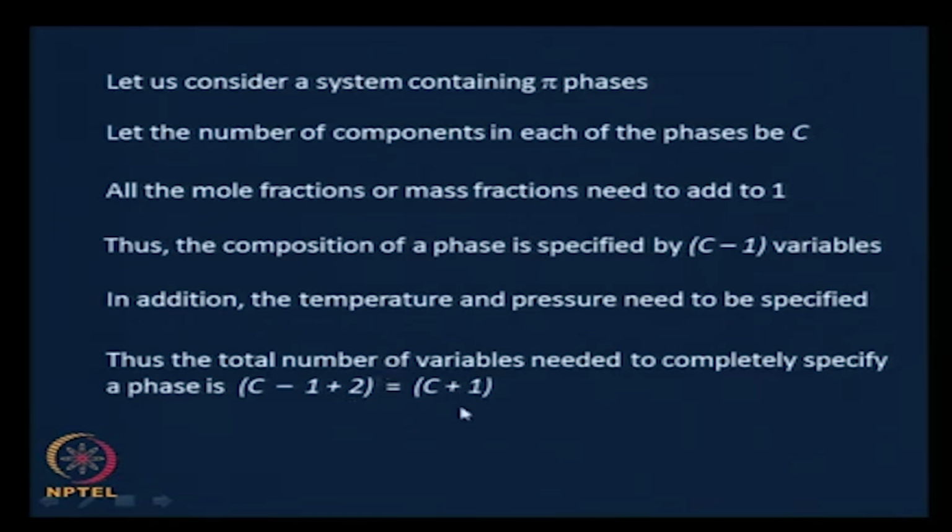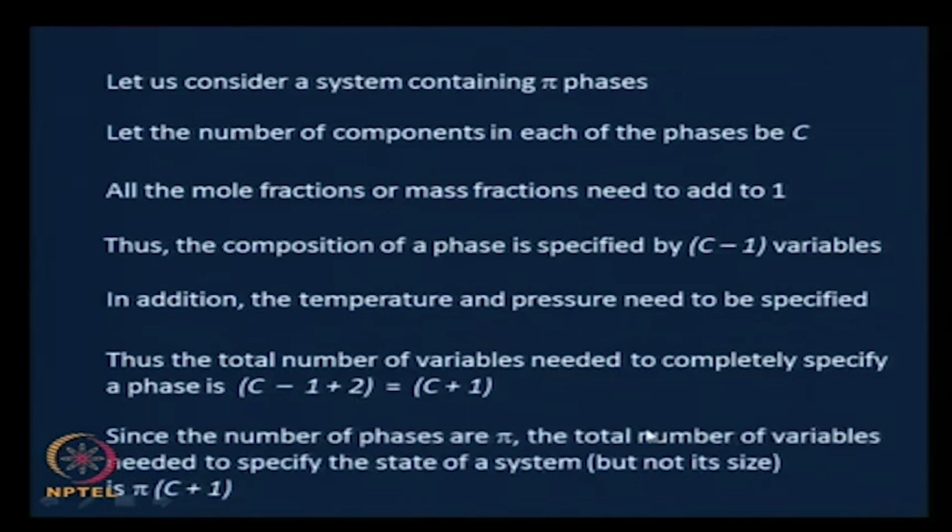You add all these together, you get C plus 1. And we said that each of these components is present in all the phases, and the total number of phases is pi, and therefore the total number of variables needed to specify the state of the system, but not its size of course, is pi phases times C plus 1 variables required to specify each phase. Therefore, pi into C plus 1.